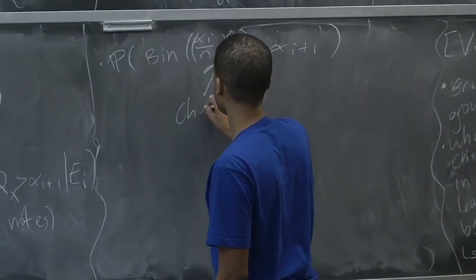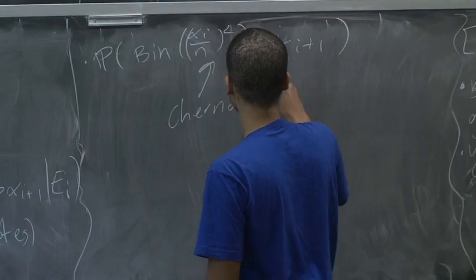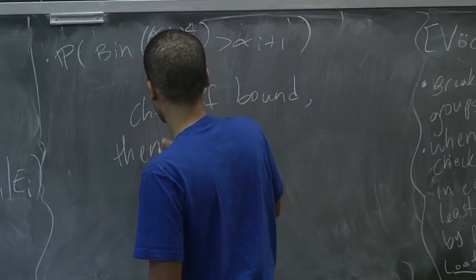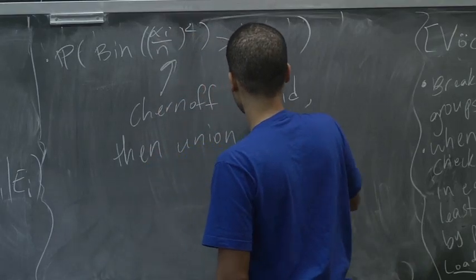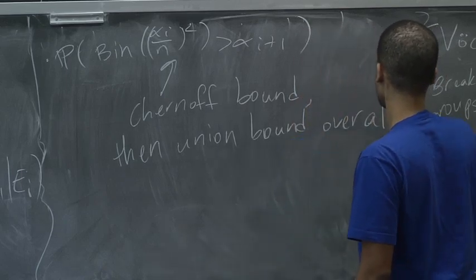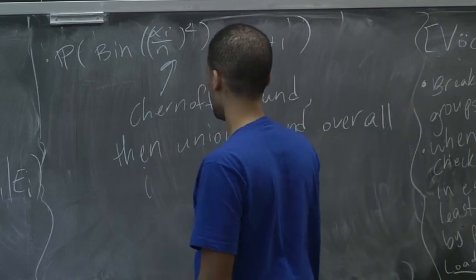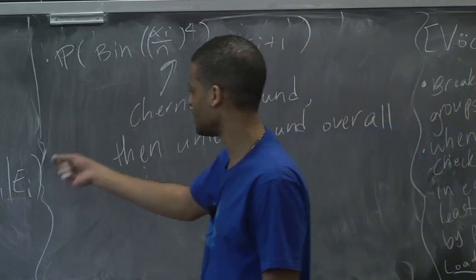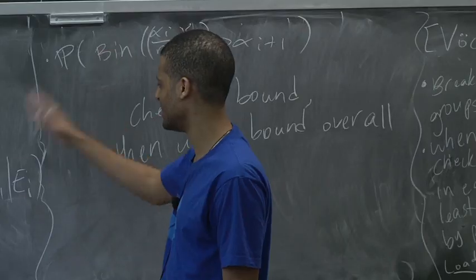This is the Chernoff bound. Then you union bound over all i. And that's basically how it goes. Sorry, I guess the main tricky thing, which now is escaping my mind, is exactly this.